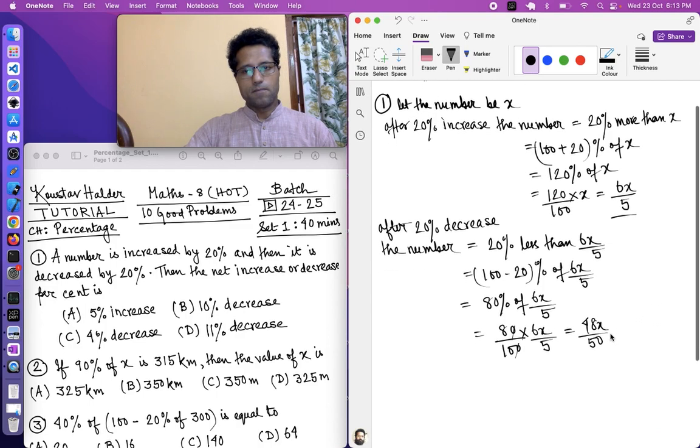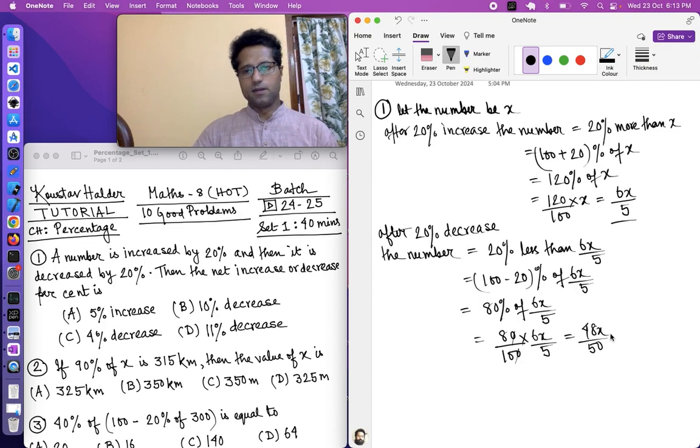So finally the number became from x to 48x by 50, and certainly we can see that 48x by 50 is less than x. Therefore, the decrease in number is equal to, originally the number was x and finally it became 48x by 50.